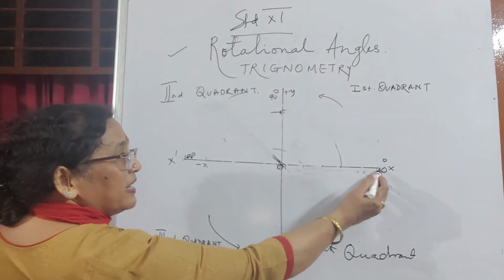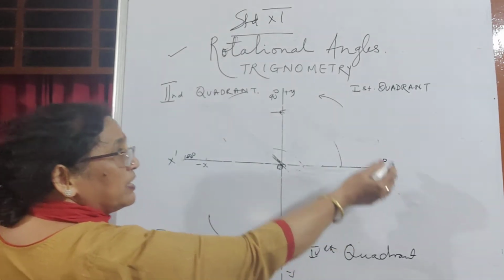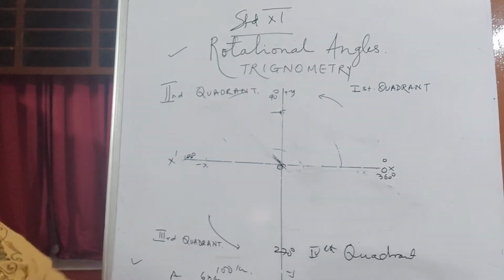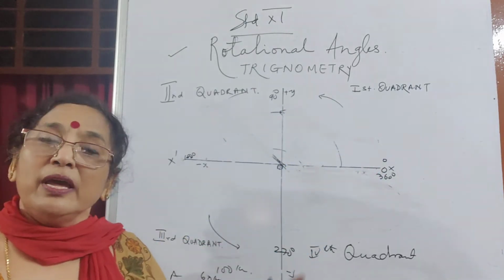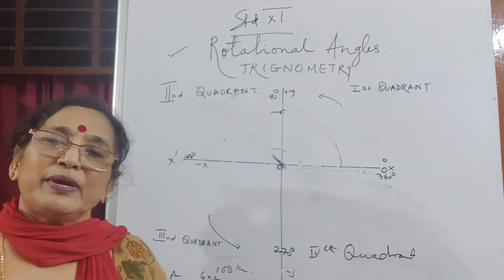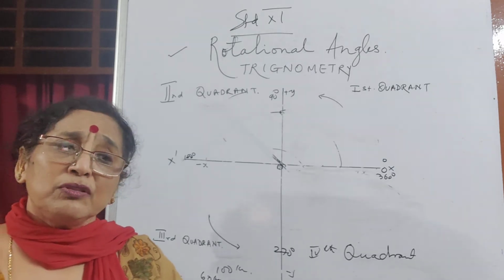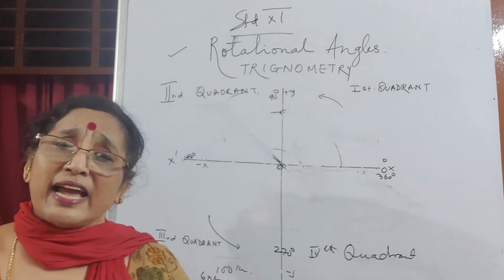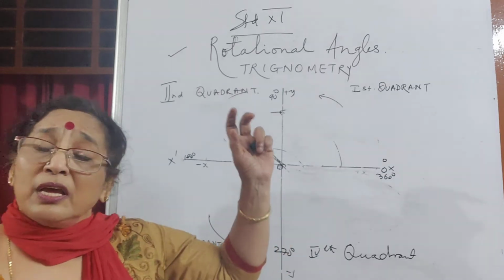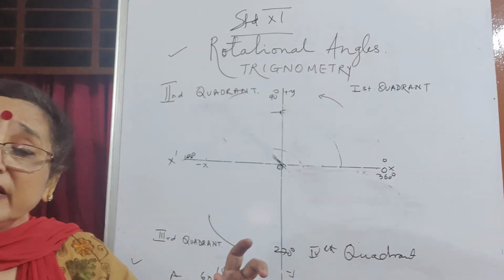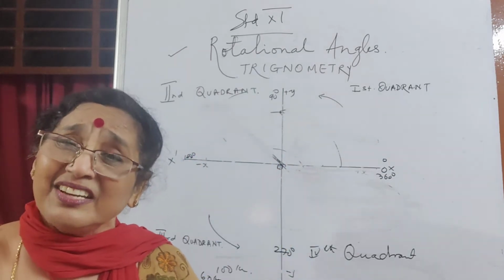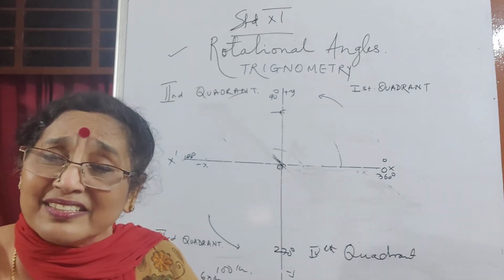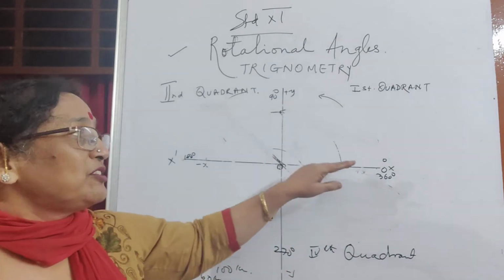And then back again, this will be 360. You continue. If you go more than one round, it will be 360, then 720, and so on. But this angle of 720 degrees, 360 degrees, 1080 degrees, or 10 times 360 degrees, all come to 0 degrees. Meaning you are back to the line.